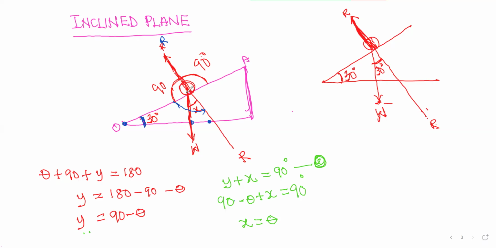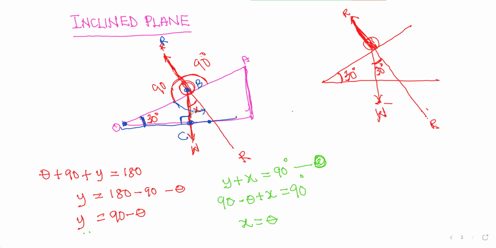Assuming this O point, this is B, and this is C. The weight must always be perpendicular to the ground. And there's the ground.